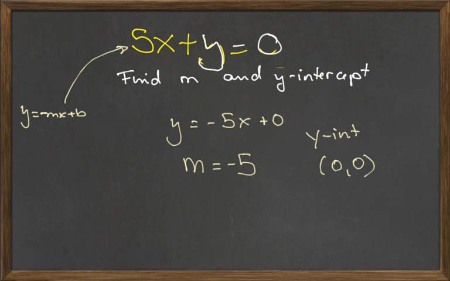So how would that be graphed then? In 2.3, we have a different method. So let's just start with this problem.